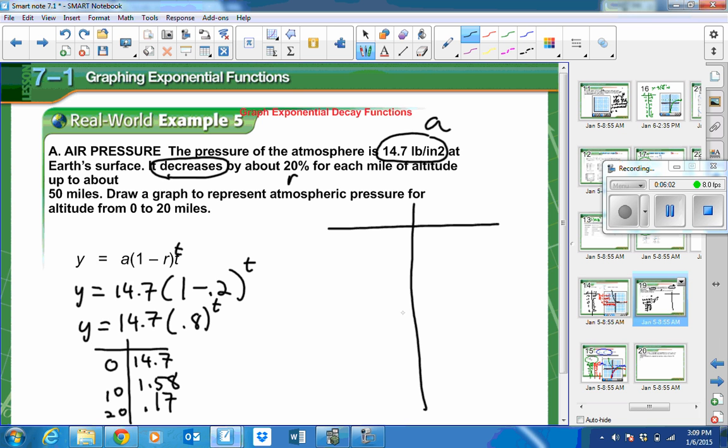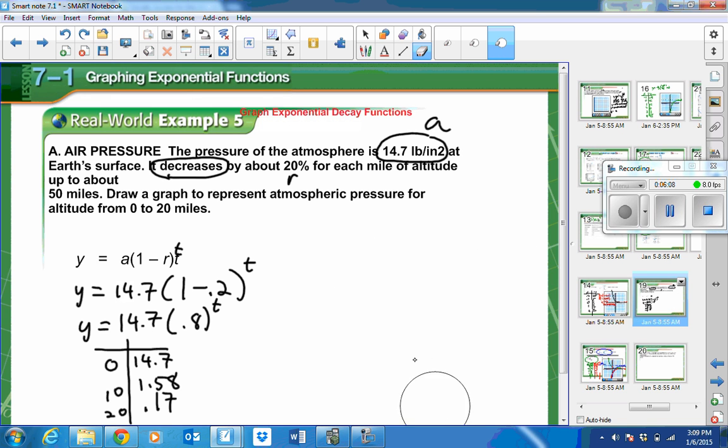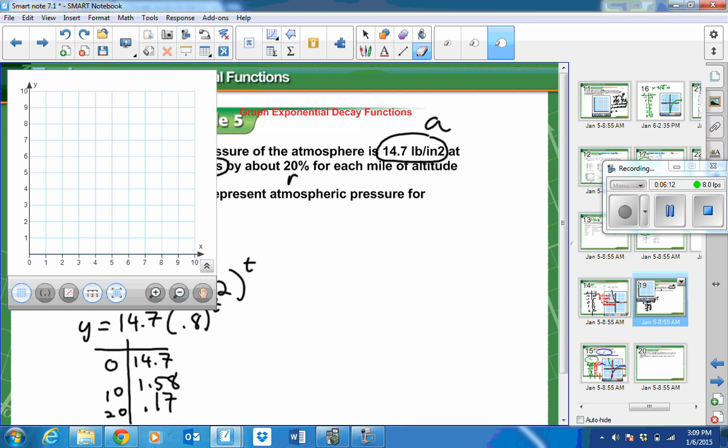So in doing this graph, we just need the first quadrant.